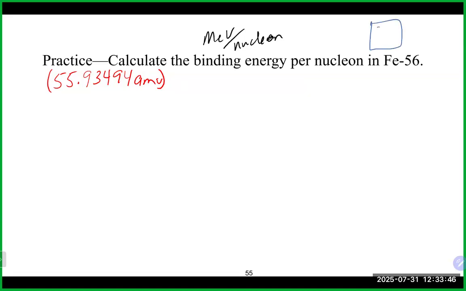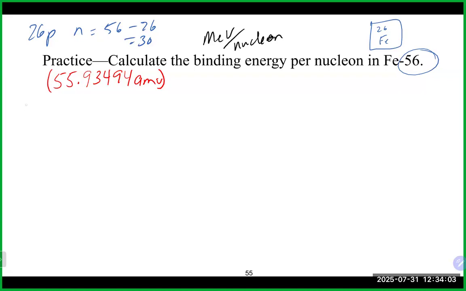That means here we've got 26 protons, and in terms of neutrons, take our mass number 56 minus our atomic number of 26, which should be 30, I believe.